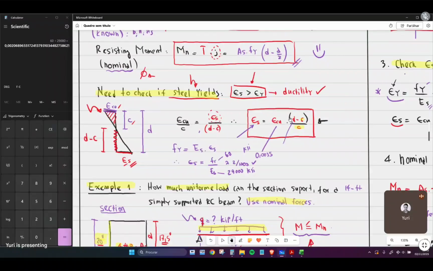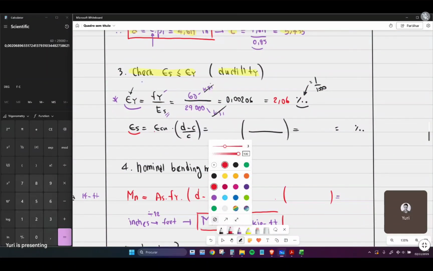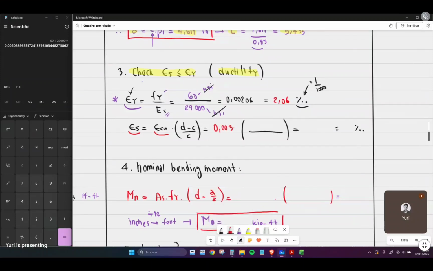Okay. To determine the strain in the reinforcements, just remember the equation that we did by similarity of triangles. We just use this equation. It's the deformation and the ultimate deformation of concrete, 0.003. Usually I use 0.0035, but this depends on the literature that you're using or the code requirements. For ACI, I think they use 3 per 1,000.